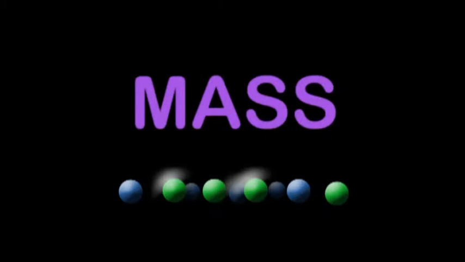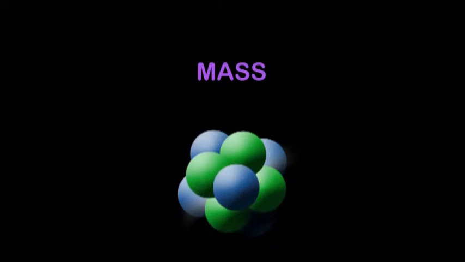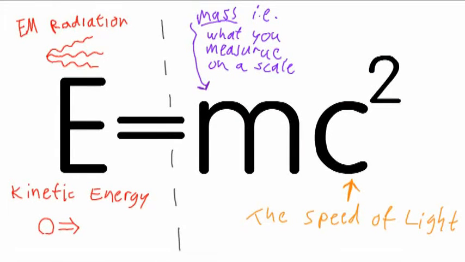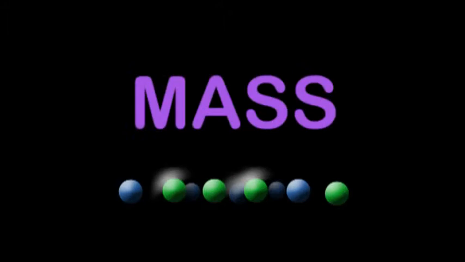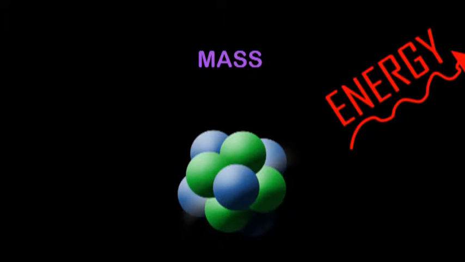And vice versa, if we put given nucleons into a nucleus, we somehow lose mass. Now, this mass isn't just lost, but as we know from Einstein's formula, is in fact converted into energy. And this is actually the energy we get out in nuclear reactions.